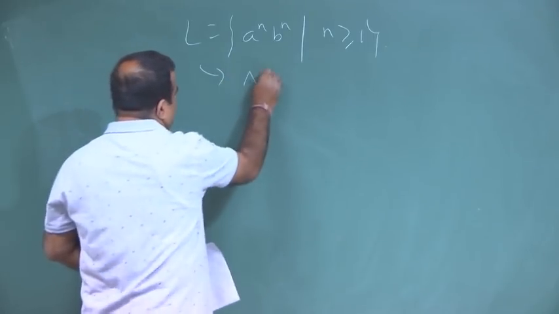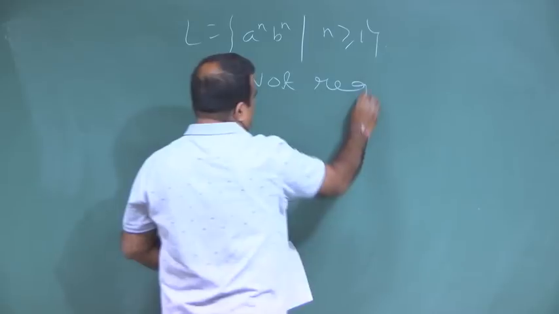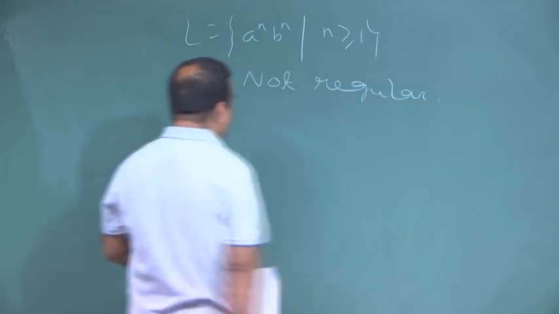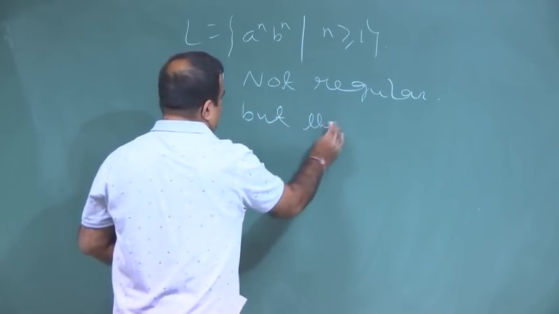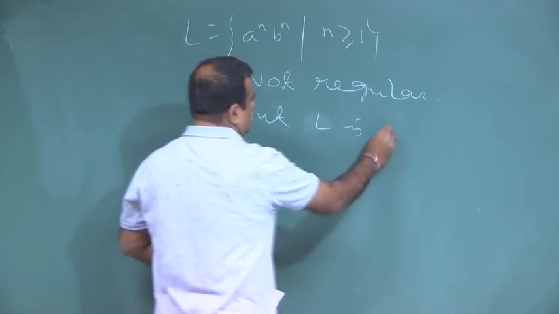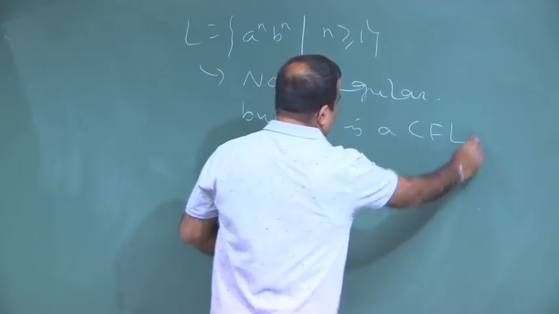We know this is not regular, but this is a context free language. Why?